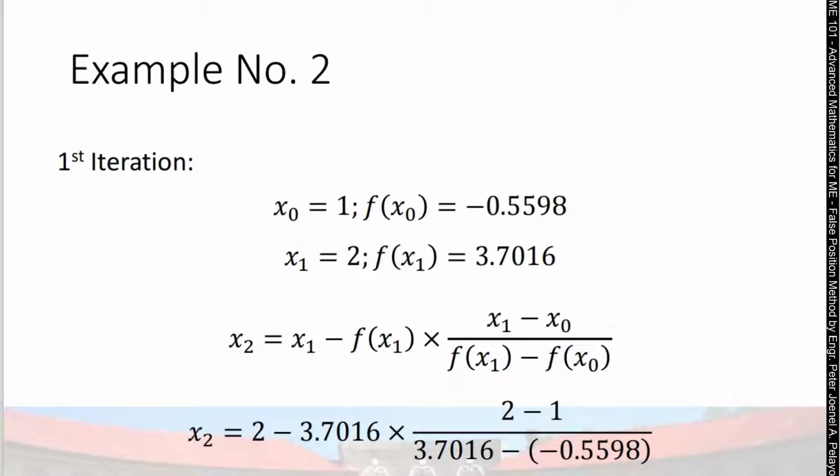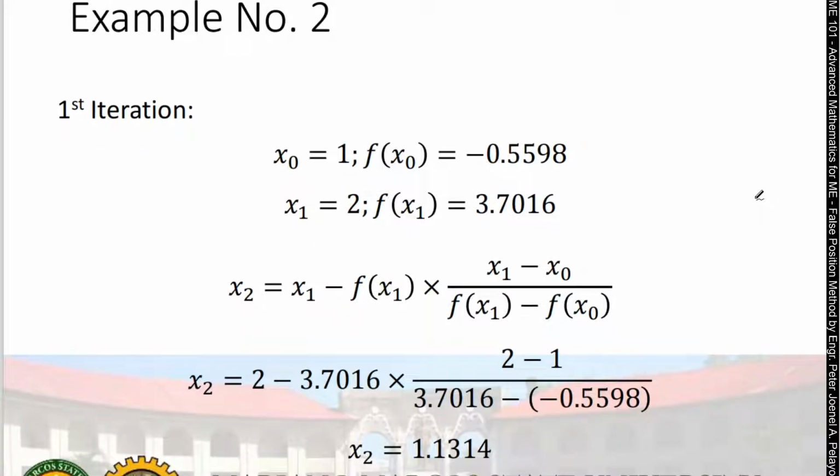So, first iteration. x0 is equal to 1, x1 is equal to 2.